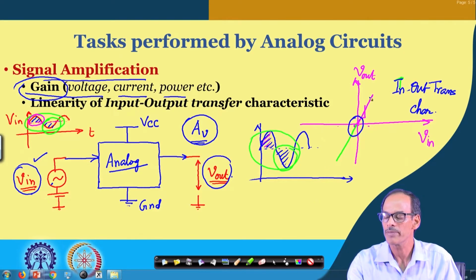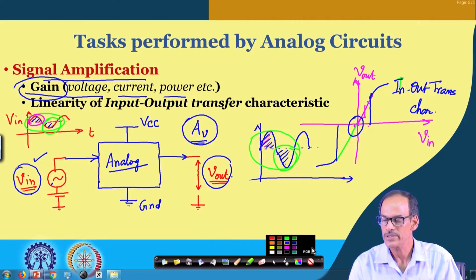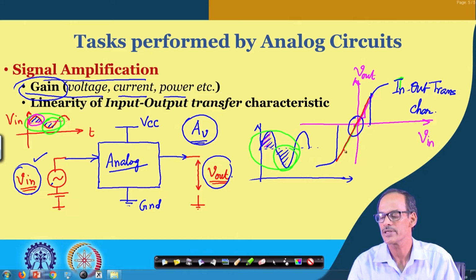It may be maintained linear up to some point, but later on it may get saturated. But whatever it is, over this range of the transfer characteristic, you may say it is fairly linear. Ideally we want this portion to be as linear as possible with a constant slope, which means with a constant gain.